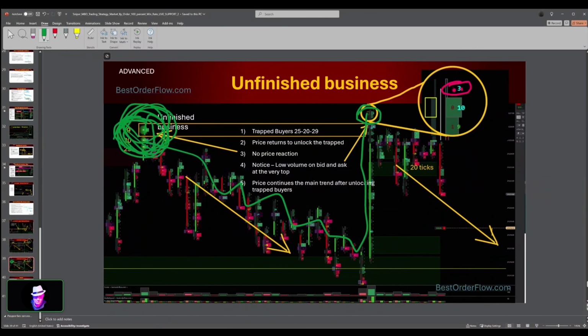Basically the price has a host or a maker that has in mind what to do. So the price had in mind to come back over here, and when it came back, it fulfilled its agenda. It unlocked these sitting ducks, sitting traps, right?